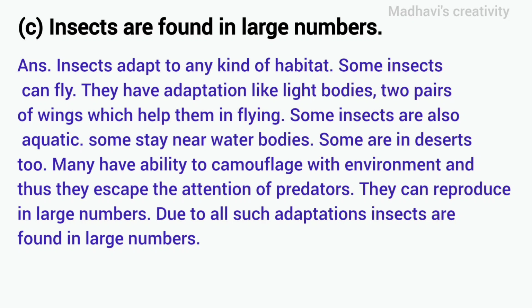Some are in deserts too. Many have the ability to camouflage with the environment and thus they escape the attention of predators. They can reproduce in large numbers. Due to all such adaptations, insects are found in large numbers.